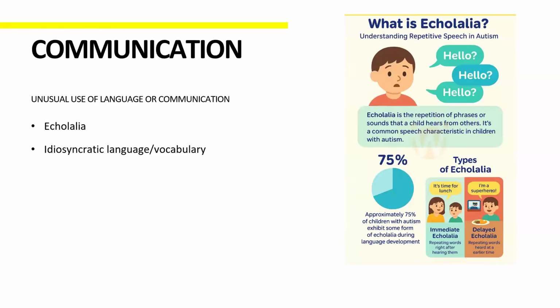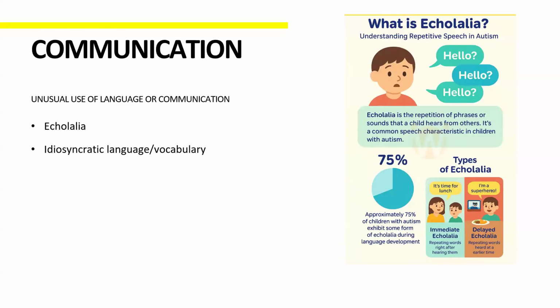There are also a couple unusual uses of language and communication, such as echolalia and idiosyncratic language and vocabulary. Echolalia is the repetition of words or phrases that have been heard either immediately or after a delay.